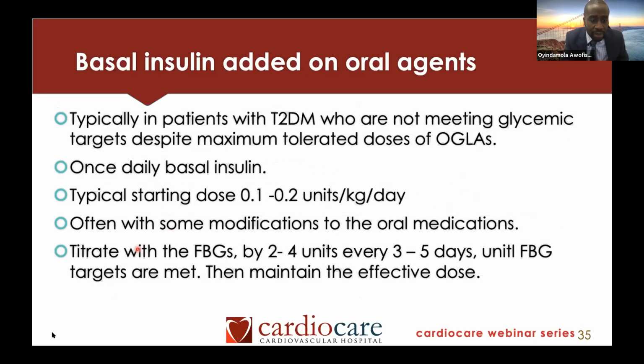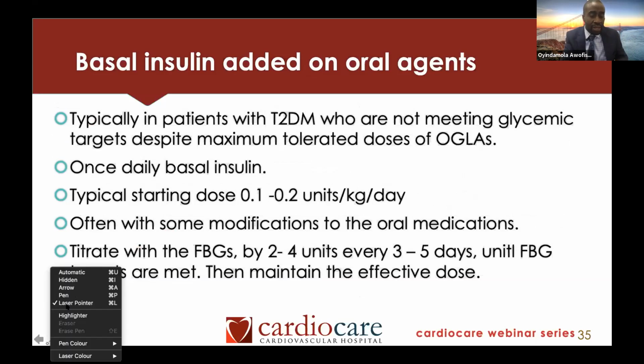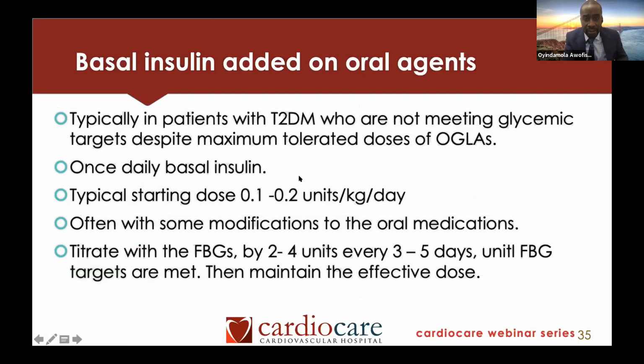Here we're talking about patients that are on near maximum tolerated doses of oral glucose lowering agents, and they're still getting an A1C that's above target. So in such patients, we need to escalate their treatment, and there are many ways to escalate these treatments. Approaches vary, like I showed previously in the broad use of insulin in Nigeria and globally.